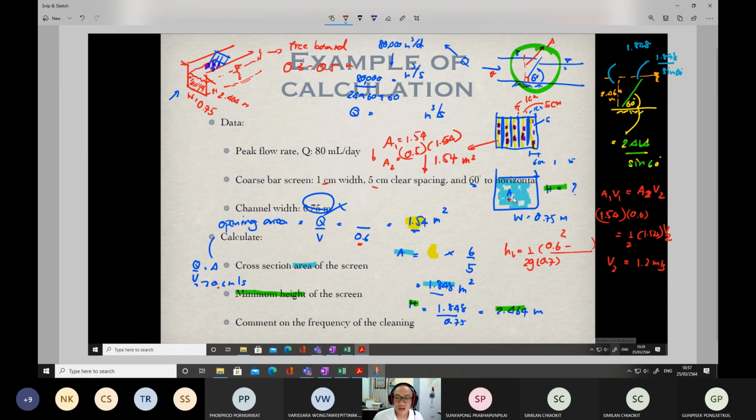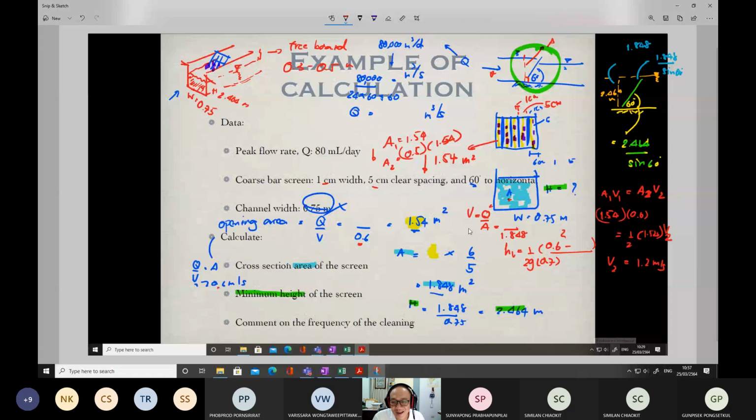With respect to the actual area, can you find the approach velocity? The approach velocity is the velocity before entering the screen. So you have to take Q divided by A again. The flow rate is the same, but the area in this case must be 1.848. So this will be the velocity before entering through the screens.